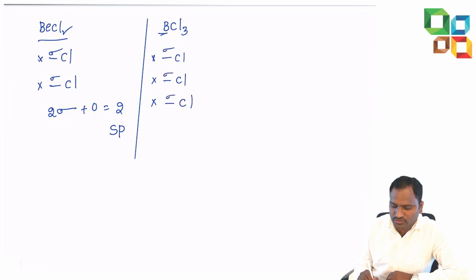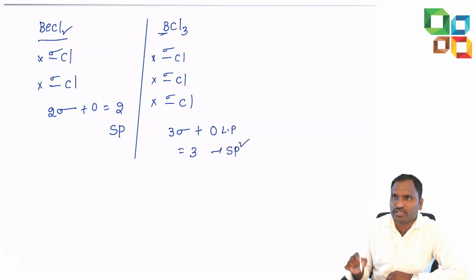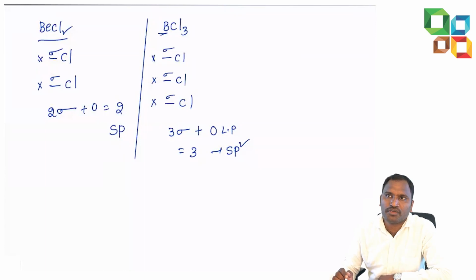Any lone pair? No, 0 lone pairs. So the total number is 3. Which hybridization? sp2. Number of sigma bonds plus lone pairs gives the hybridization.